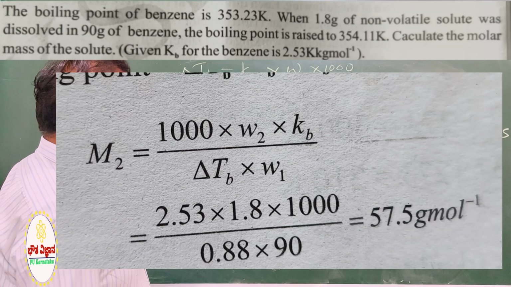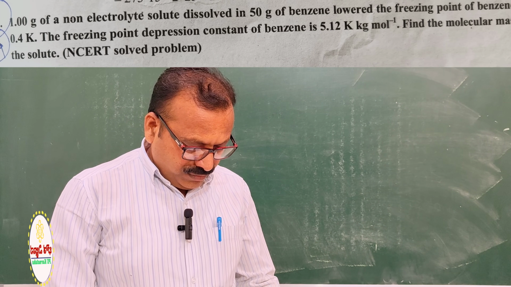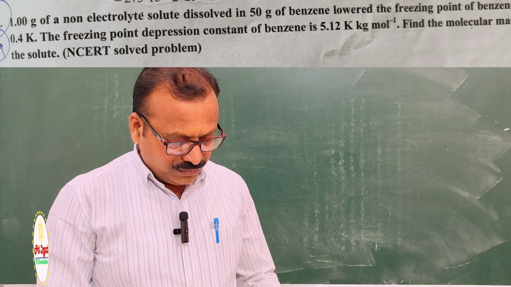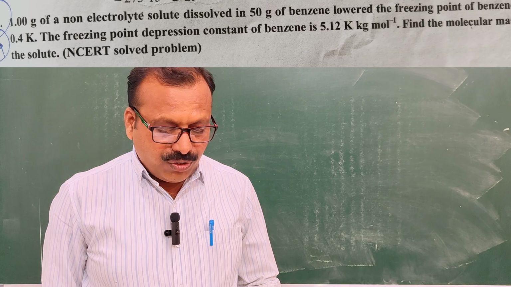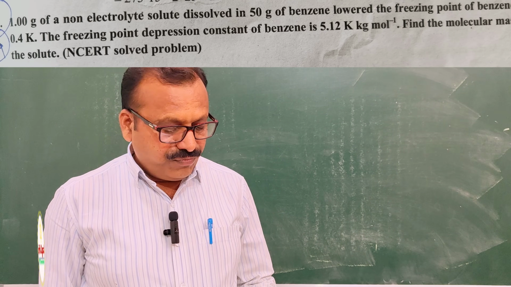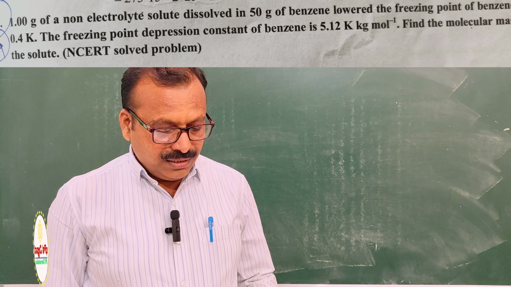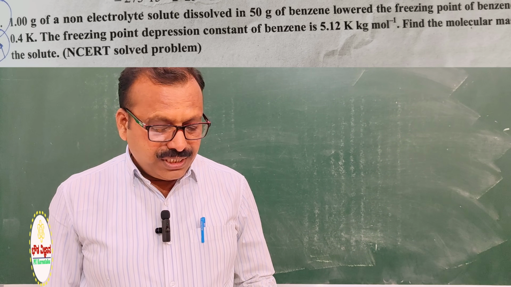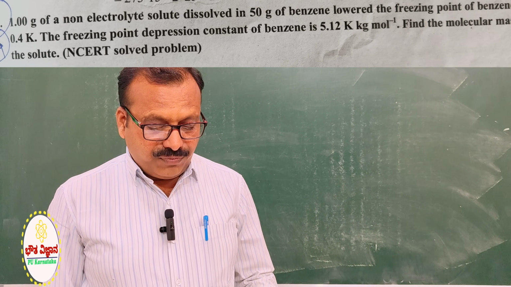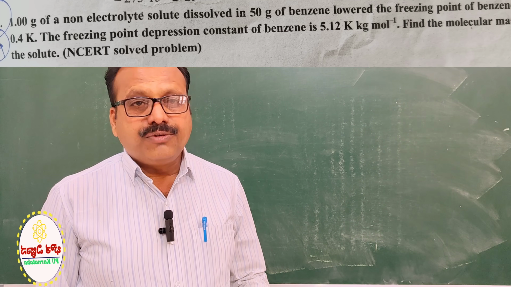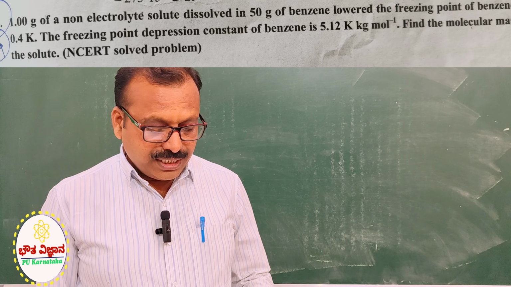So next question, depression of freezing point. Here 1 gram of non-volatile solute dissolved in 50 gram of benzene lowers the freezing point of benzene by 0.4 Kelvin. The freezing point depression constant of benzene is 5.12 Kelvin kg per mole.